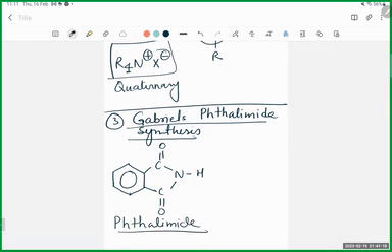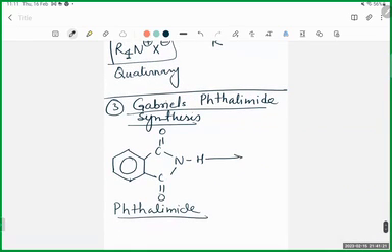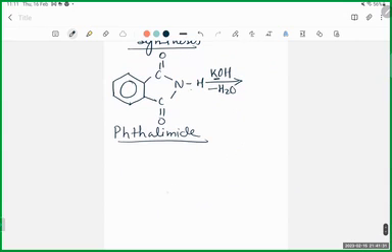Okay, we take the phthalimide and treat it with KOH alkali solution. So this gives out water and potassium gets substituted. H and OH go out and K gets substituted. So you get the potassium substituted phthalimide.